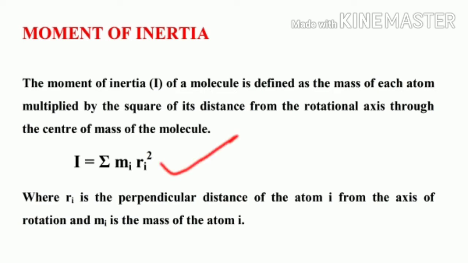Mathematically, it is given by I is equal to summation of m_i r_i square, where m_i is the mass of the atoms present in the molecule and r_i is the perpendicular distance of the atom i from the axis of rotation. The moment of inertia depends on the masses of the atoms present in the molecule and the molecular geometry.